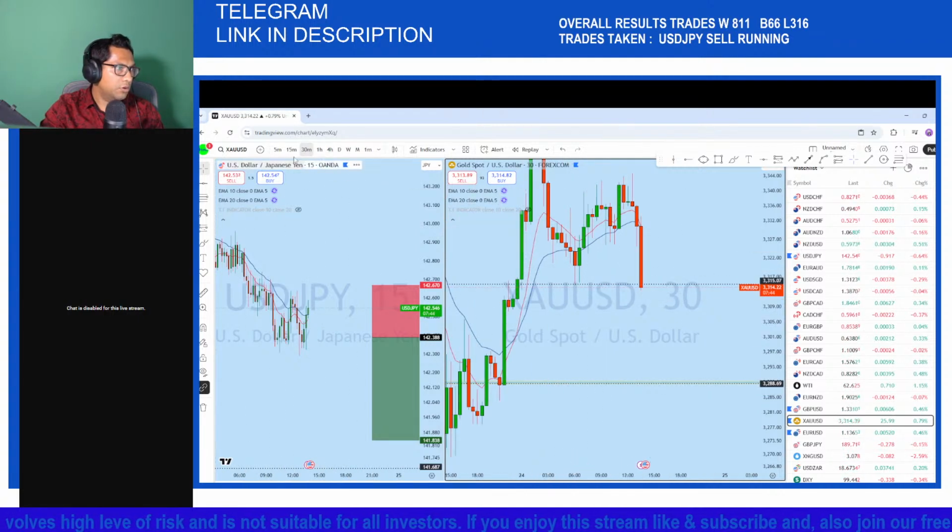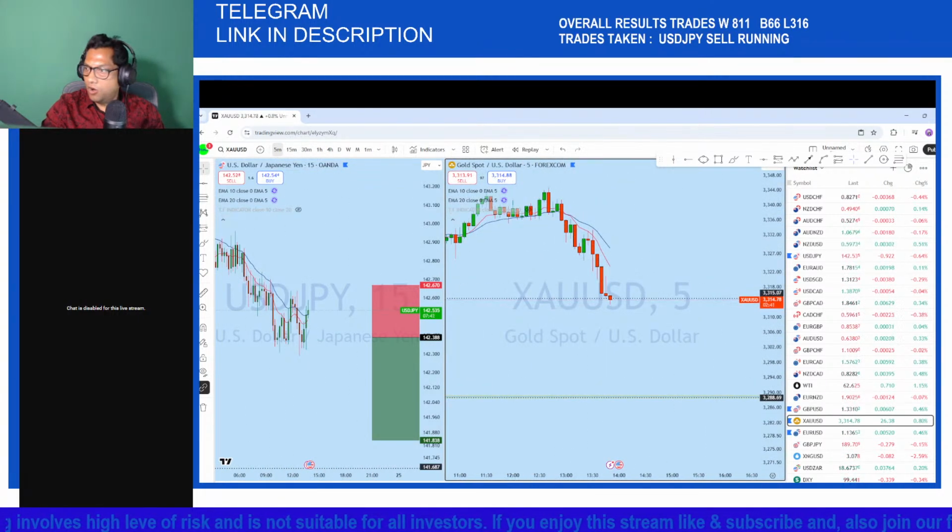We'll be waiting to see how far it might be coming down here. And yeah, that's the key here, to look for a market that is trending and then to trade in the direction of the trend.